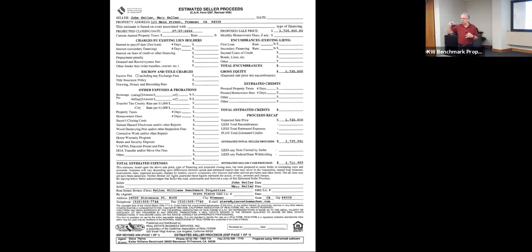You also have to be careful with city transfer taxes. So there's at least half a dozen specific things you're going to have to provide, but an escrow officer could prepare an estimated settlement statement for you.